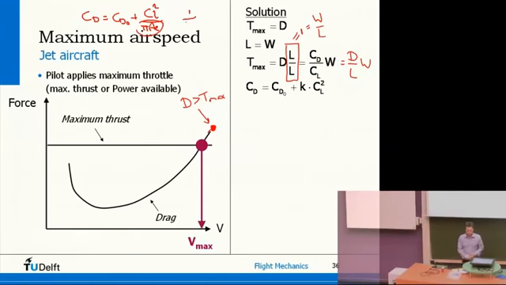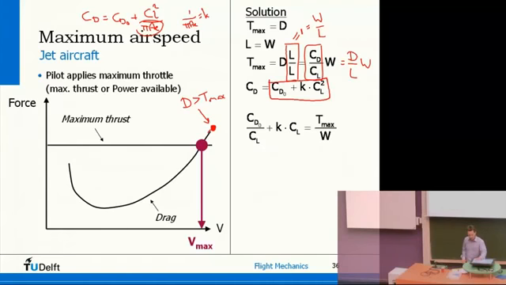Now, the maximum thrust is a function of drag coefficient and lift coefficient, but you can see now that drag coefficient is in fact a function of the lift coefficient. So if you would take this equation and put it in there, and I take this weight and I put it on the other side of the equation, then I end up with this relation.